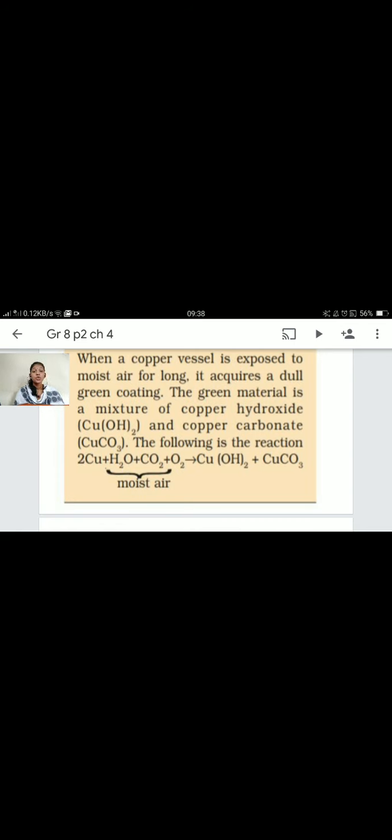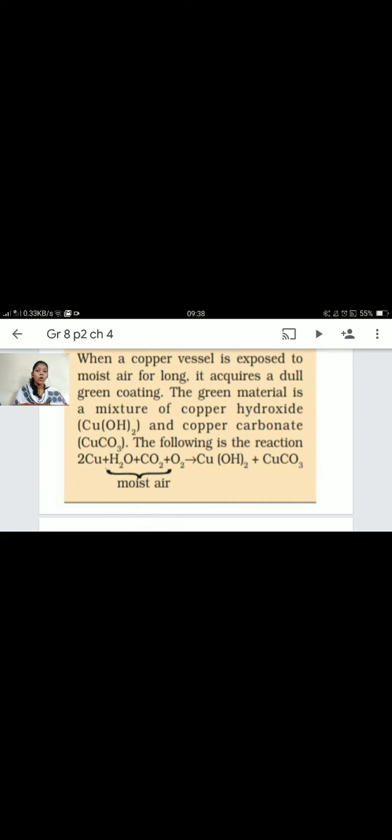Rusting means corrosion takes place, and a brownish layer gets deposited over that material. And what about magnesium? When magnesium comes in contact with oxygen, it produces a white compound, the ash we get, which is white in color.